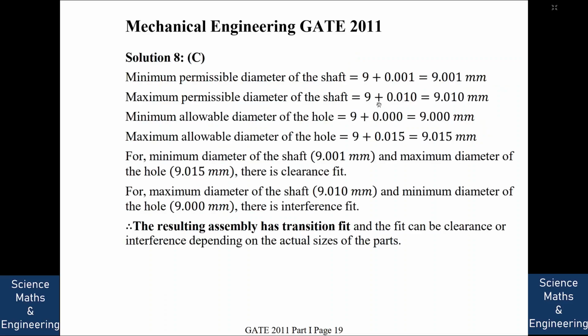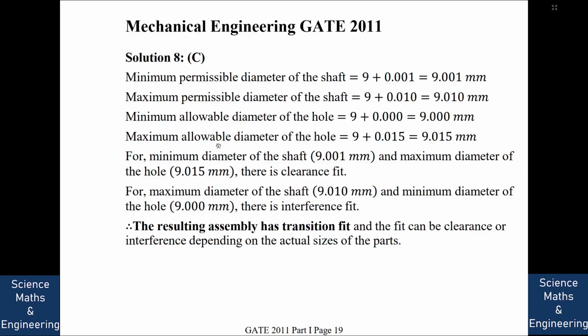Transition fit. So if we see the minimum permissible diameter of the shaft, it is 9.001 mm, and the maximum permissible diameter of the shaft is 9.010. Similarly, the minimum diameter of the hole is 9, and the maximum allowable diameter of the hole is 9.015.